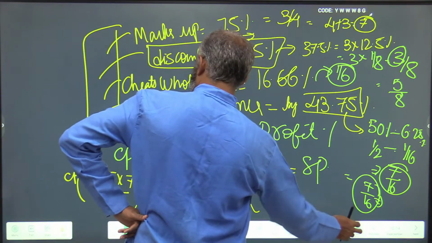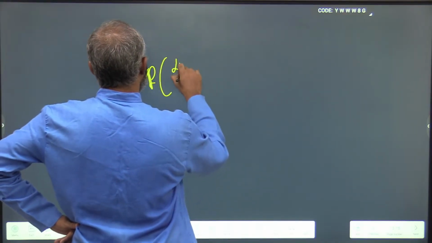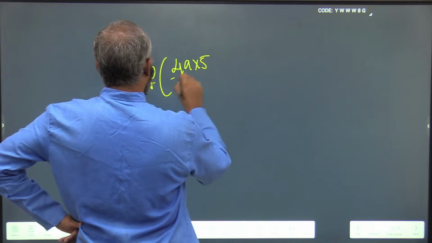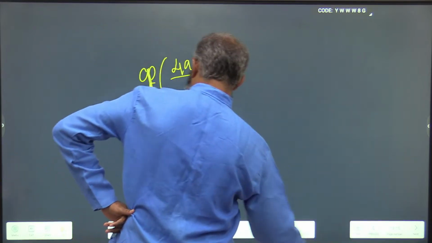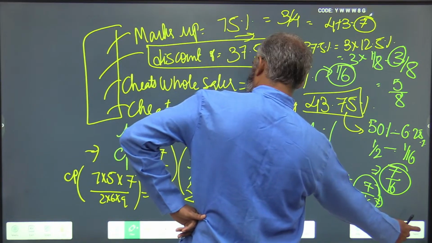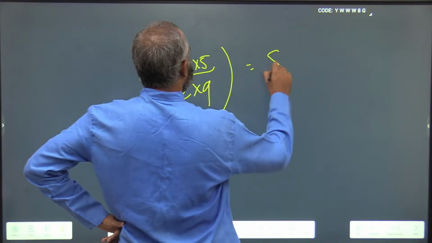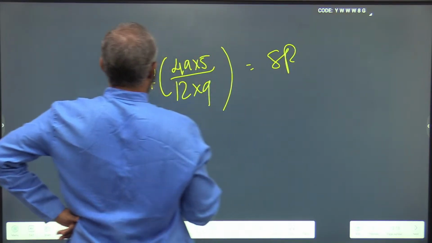So CP is 49 into 5 is 12 into 9 is equals to selling price.